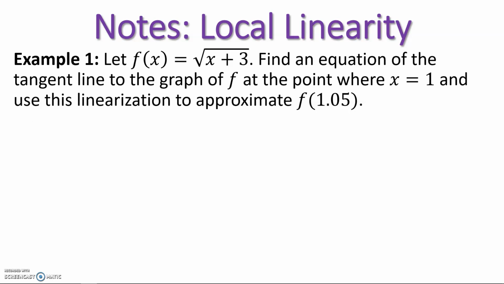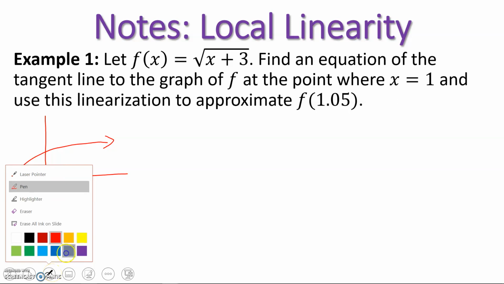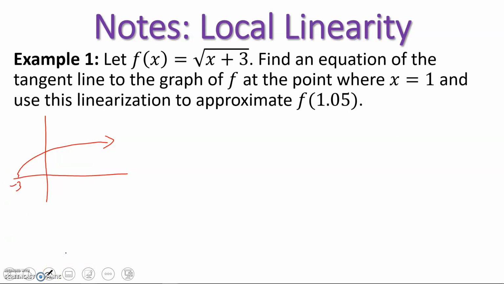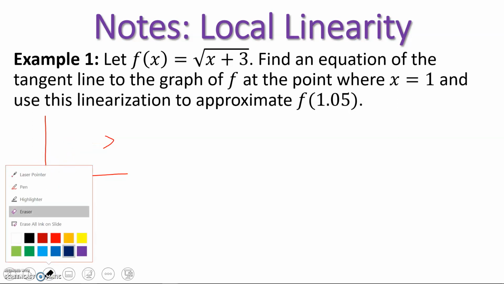So here's the deal. f of x is root x plus 3. That looks something like this. It's shifted left 3. And what we're trying to do is look specifically at the point 1, zoom in closely and find that tangent line at 1.